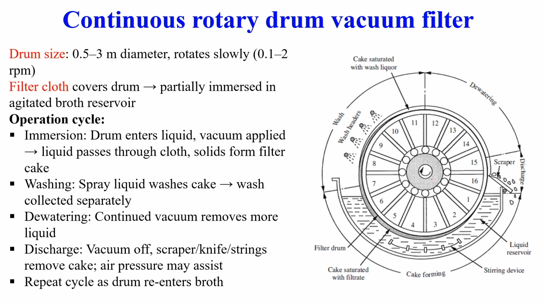You can see this is a more detailed schematic of the rotary drum vacuum filter. So, this is rotating like this, and there are suction pipes. Once it is coming in touch with the liquid, the cakes are getting deposited. In addition, there is also provision for washing the cake to remove some impurities.